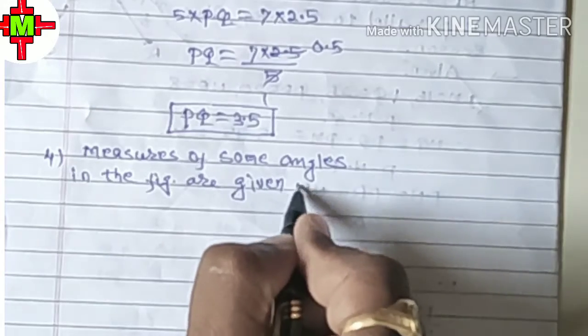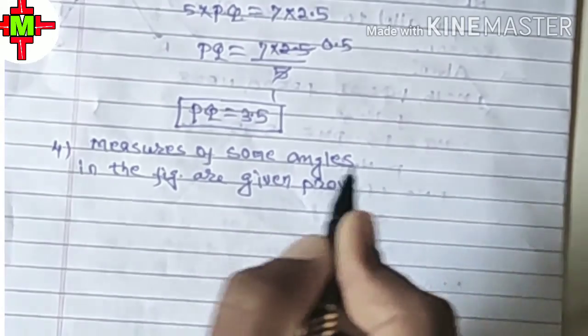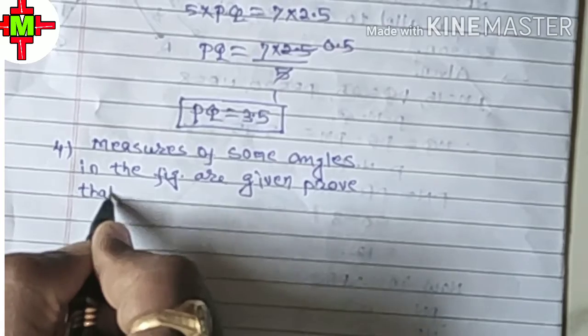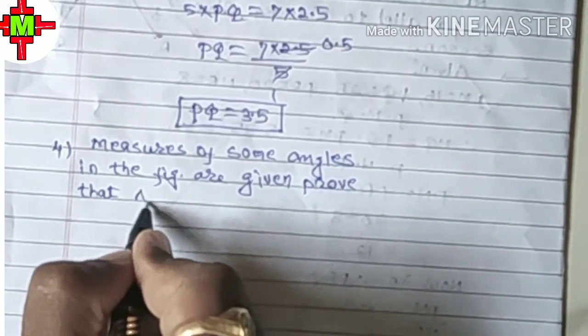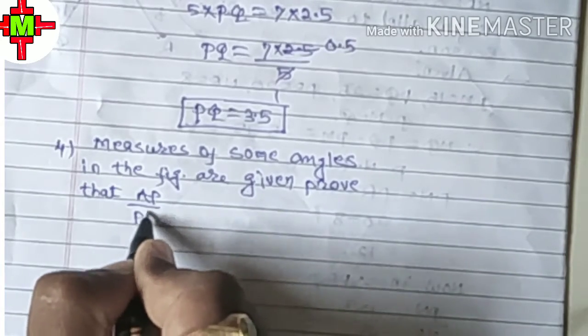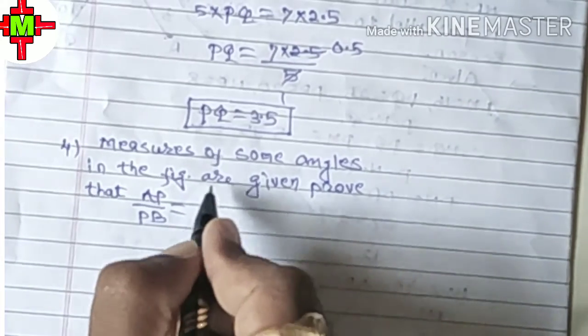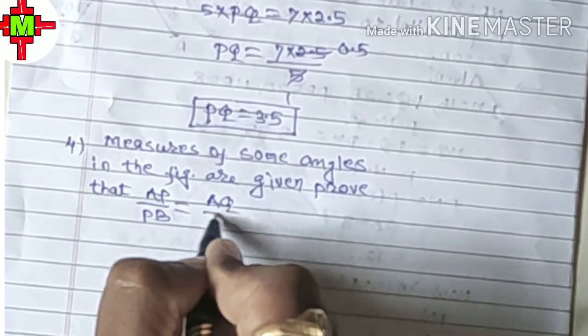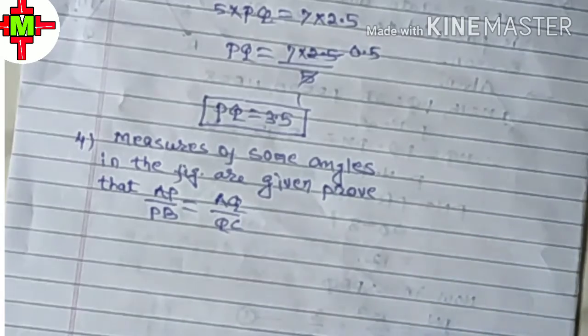Prove that AP divided by PB is equal to AQ divided by QC, and figure is given to you.